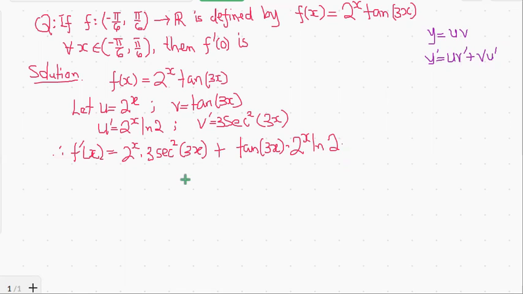All right, so here's the derivative of the function, and something is common. 2 to the power of x is common, so we can actually factor out that term. 2 to the power of x times 3 sec squared 3x plus ln 2 times tan 3x.